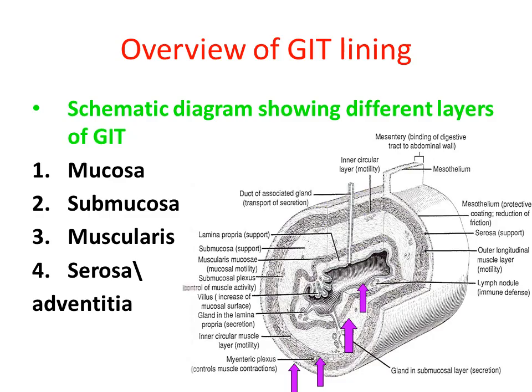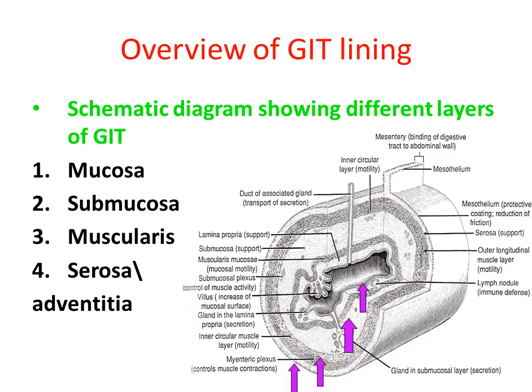So here the first arrow is the mucosal lining. After the mucosa we have the lamina propria. After the lamina propria we have muscularis mucosa. These all are part of the mucosa.